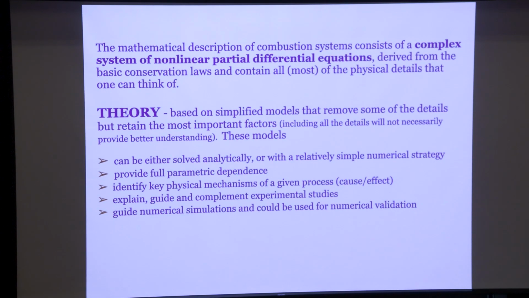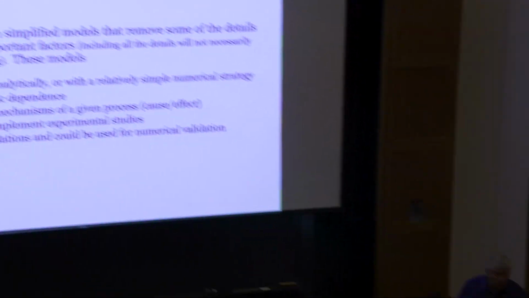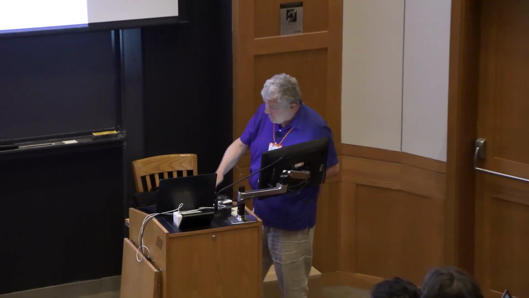If you have an idea a priori of what the system should look like, at least in some limited cases, it helps in constructing a proper code or numerical methodology to solve the problem, and you can use those simpler examples or simpler systems as a validation of your numerical code. So those are some key things.